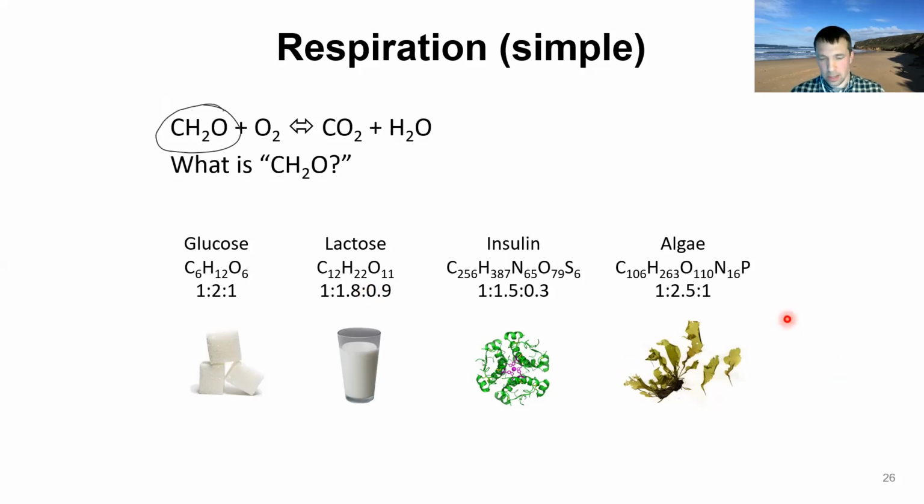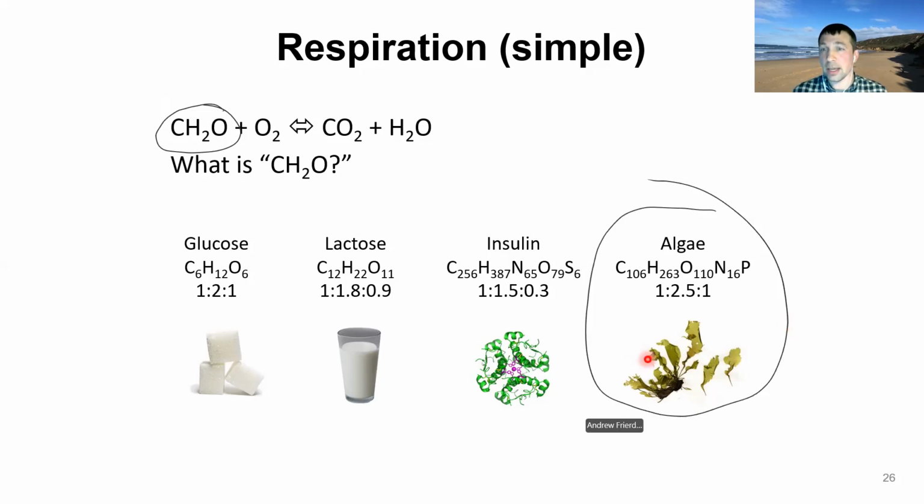And in fact, when you look at the biomass of an entire organism, in this case algae, you can see that it's mostly comprised of carbon, hydrogen, and oxygen in that ratio. But of course, living organisms are composed of other elements as well, such as nitrogen and phosphorus and sulfur and a whole bunch of other trace stuff as well, which causes that ratio to deviate somewhat.